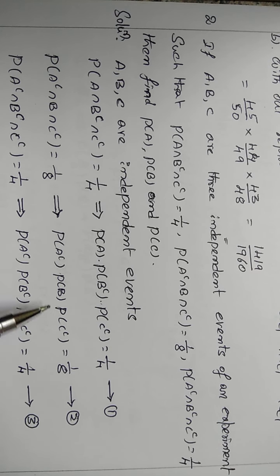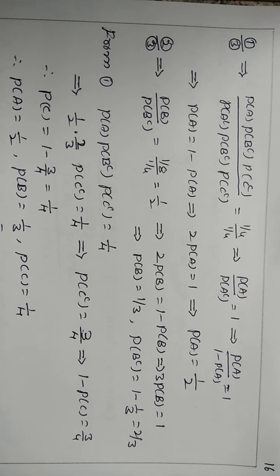P of A intersection B is equal to P of A into P of B. If there are 3, A, B, C, P of A intersection B intersection C is equal to P of A into P of B into P of C. Like that, P of A complement intersection B complement intersection C complement is equal to P of A complement into P of B complement into P of C complement. That means here we should understand, if A, B, C are independent, A complement, B complement and C complement are also independent events.